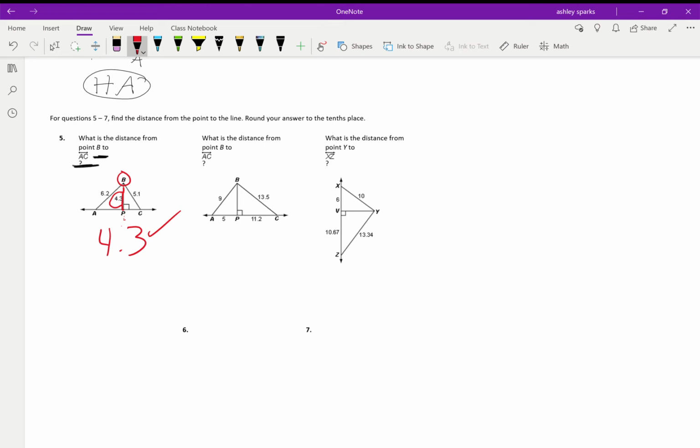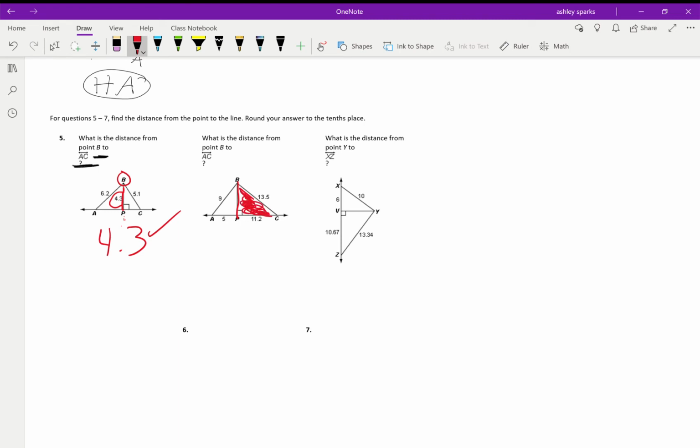So just be really careful that when you're doing these problems, you're reading through them. Okay? The next thing that we have here is, again, it's asking from B to AC, but unfortunately this time life wasn't so easy. What you notice here is that you're really cutting a bigger triangle into 2 smaller triangles.